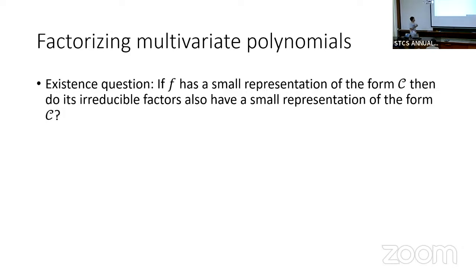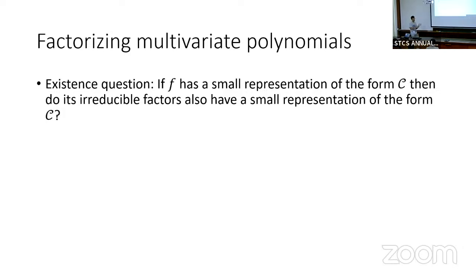But another kind of question is, if you're told that your polynomial f has a small representation of some form script C, this can be a small circuit for f or something of that sort, and you want to know, do its irreducible factors also have small representations of the same form?